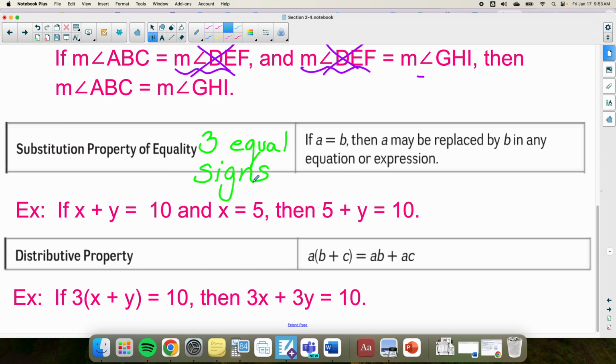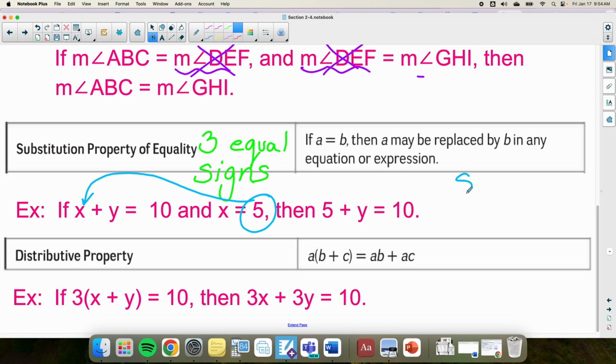If you have three equal signs and the ending of the first and beginning of the second are not the same, it's not going to be transitive. So then you have to look at how this could be substitution. If you look, they're saying x plus y is 10 and x equals 5. So I'm going to take this 5 and put it in for x. I substitute it in there, and I get 5 plus y equals 10. So I took x out and put 5 in there.